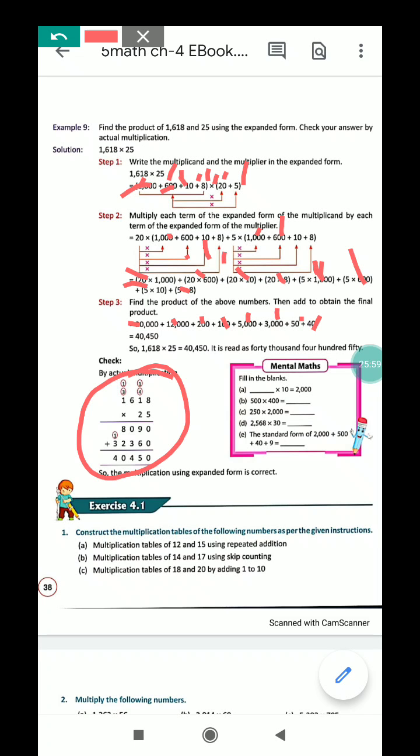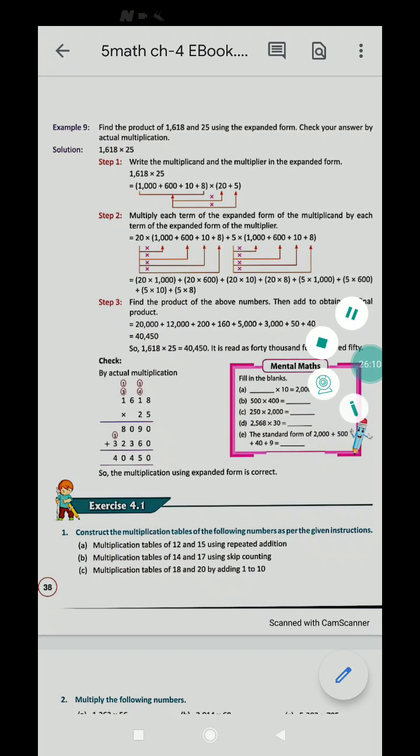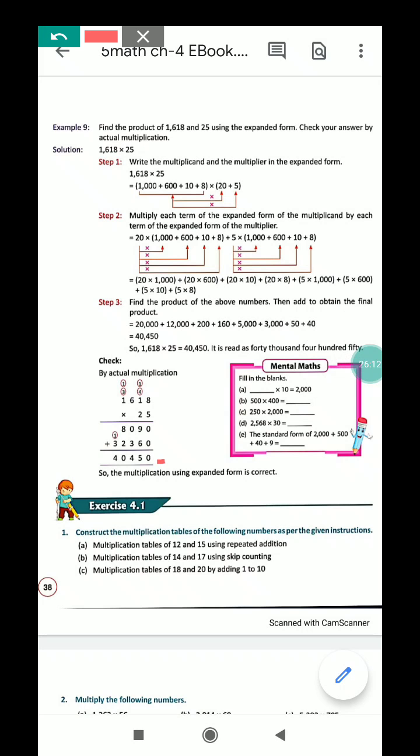So the multiplication using expanded form is correct. If there is any difference between this answer and this answer, that means we have done this calculation wrong. But here we have got this answer and this answer the same, that means our calculation is correct.